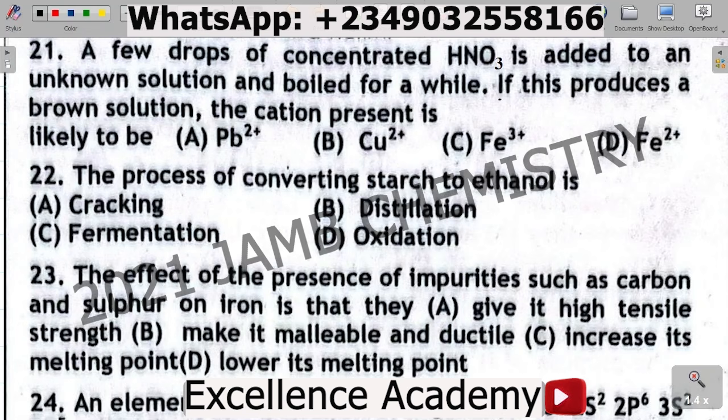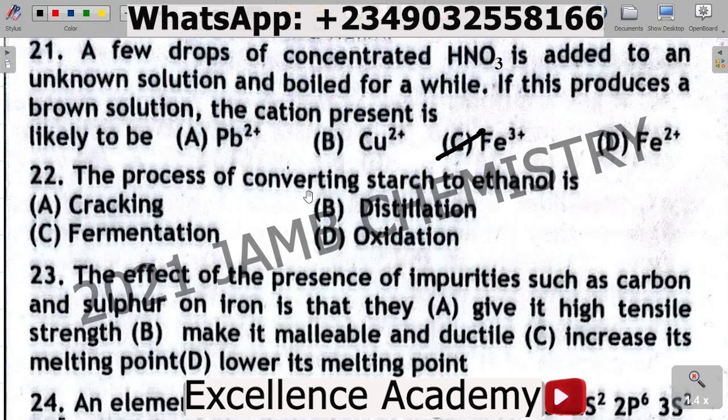The correct answer there is C, iron 3 ion. This nitric acid, HNO3, would oxidize iron 2 ion to produce iron 3 ion, which of course produces a brown solution. So the brown solution indicates the presence of iron 3 ion. That's the correct answer.